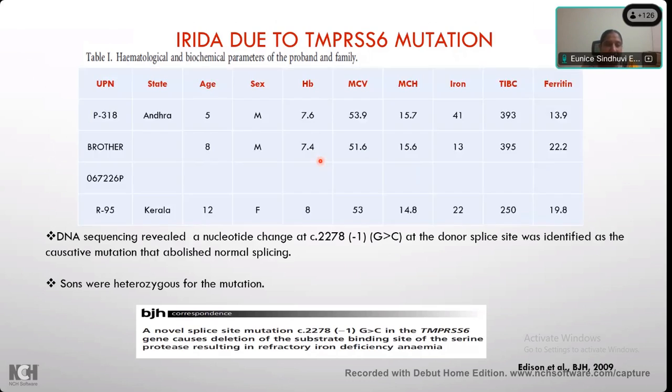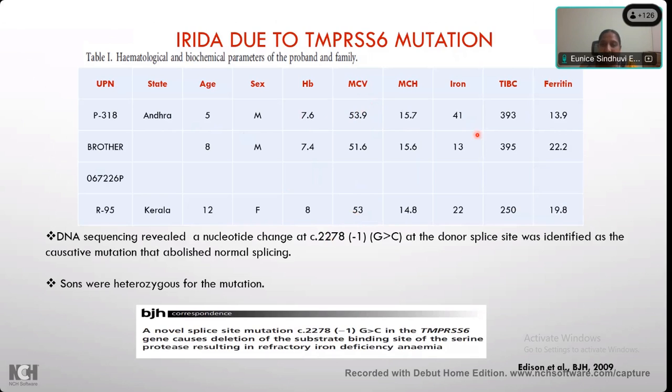So after that, we have seen another 3 more cases of iron refractory iron deficiency anemia. These were 2 from one family from Andhra and 1 from Kerala. So if you look at all these cases, the hemoglobin levels are much lower, and the MCV is also very, very less. All of them are below 60.